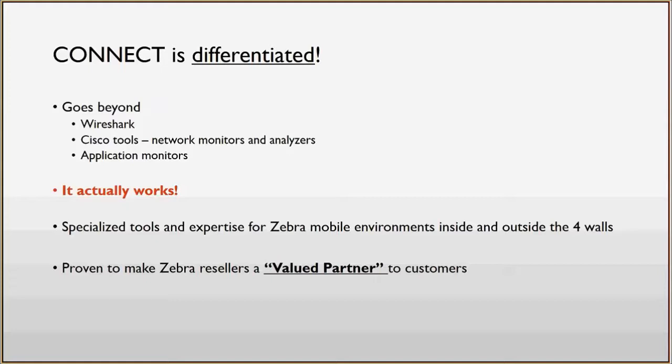It allows the customer to immediately, without leaving their desk, by just looking at our software's visibility dashboard, much like the Zebra dashboard, to be able to isolate the root cause of any connectivity issue because they can see the entire data path. So our software and associated services are specialized for solving connectivity issues and restoring productivity faster than any other tool or service out there. And more importantly, it works.